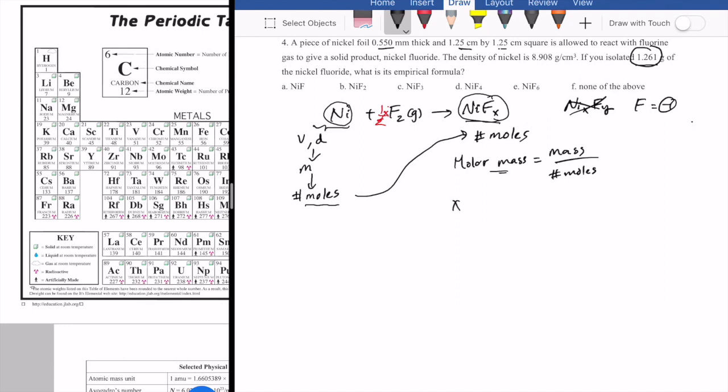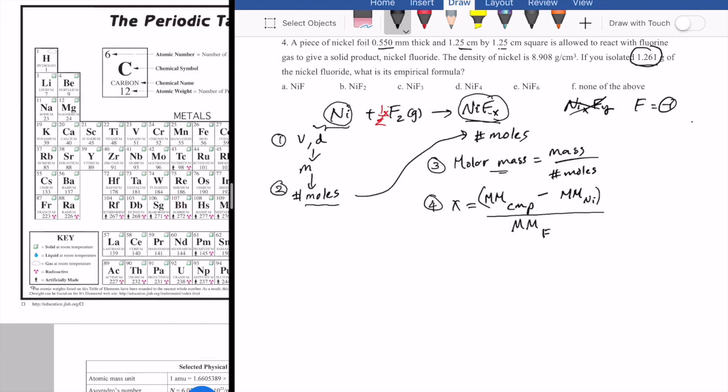So x can be calculated by taking the molar mass of the compound, which you find in the previous step, and subtracting out the molar mass of nickel. You'll be left with the molar mass of all the fluorine atoms. You divide that number by the molar mass of fluorine to find out how many fluorines you have. Okay? So that's the steps that we're going to do.